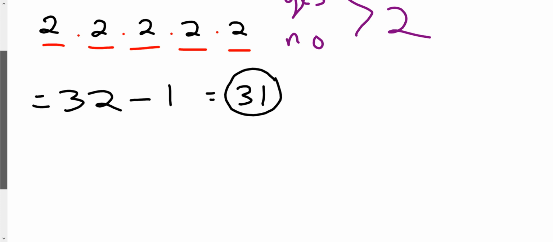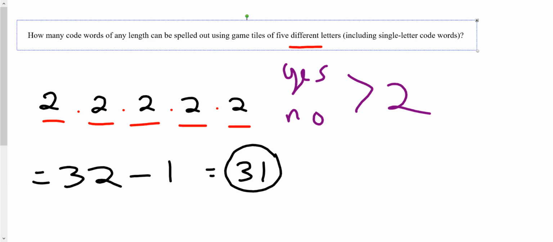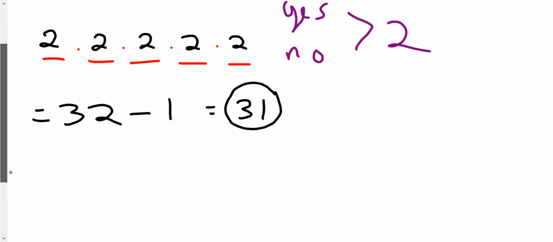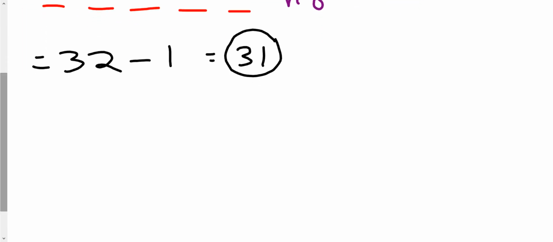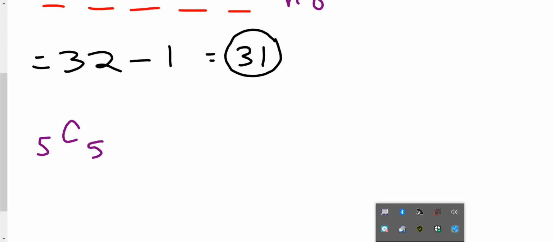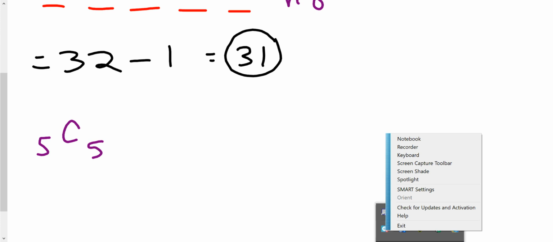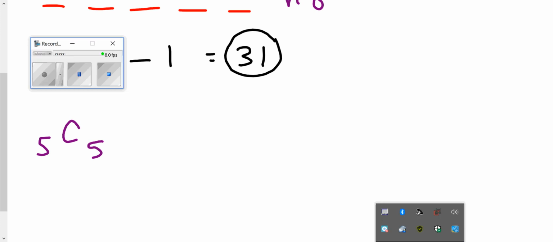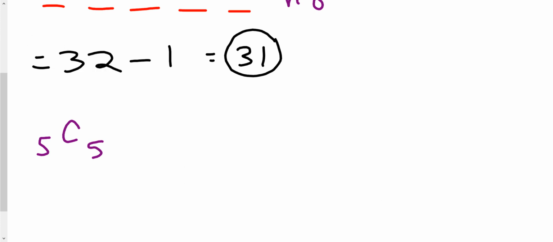So I can take my calculator, and some of you used permutations for this. And you can go with, so we've got a total of 5. So we can go 5 choose 5, and then we would go plus 5 choose 4.